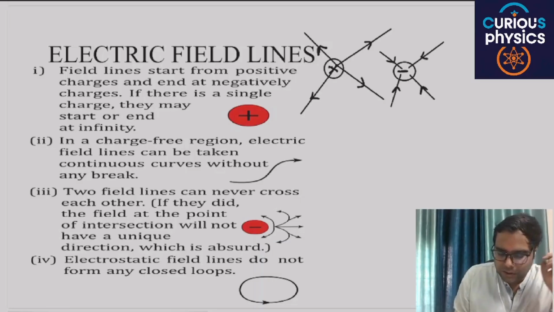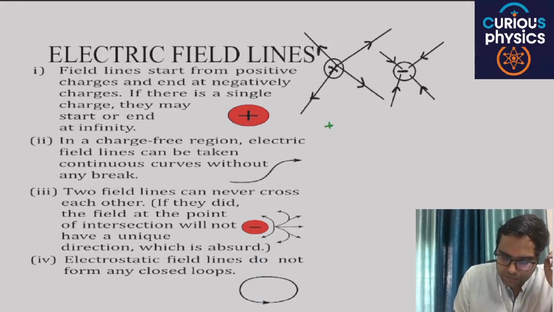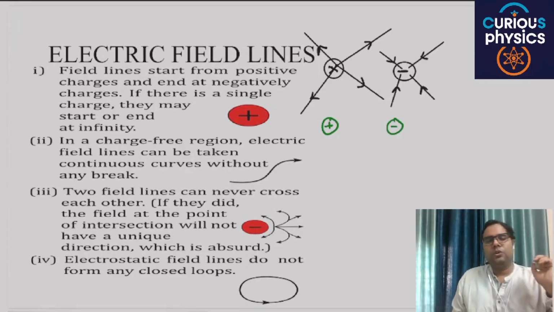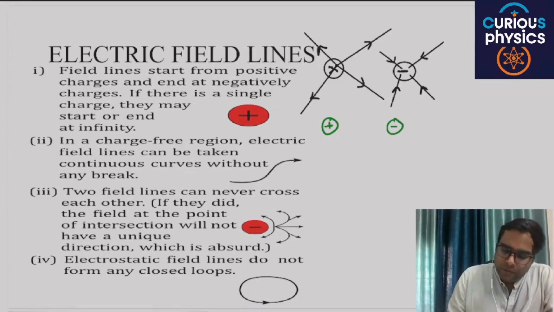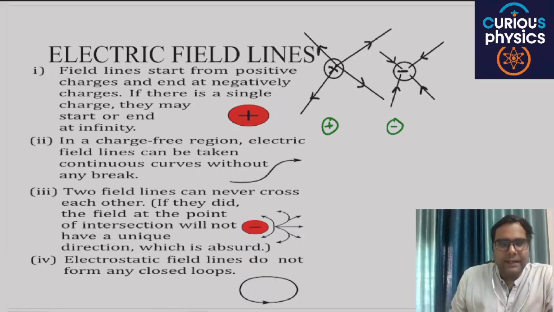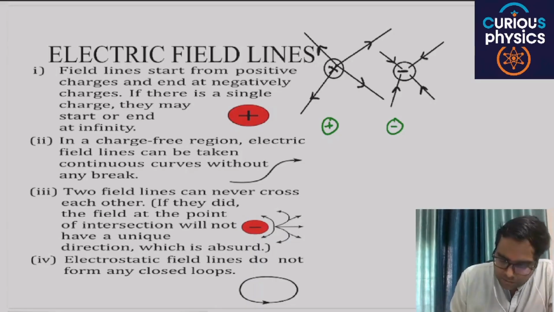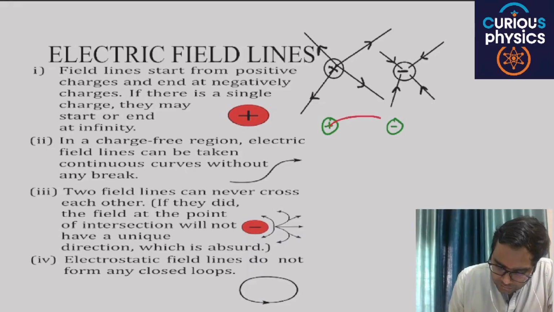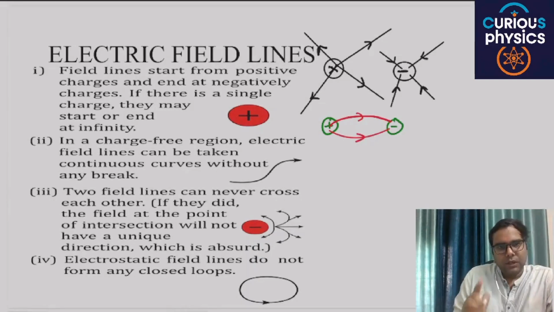If there is a positive charge and a negative charge, then how will you make the electric lines of force or electric field lines? Electric lines start from positive and end in negative. So this kind of situation. Away from positive and toward negative.